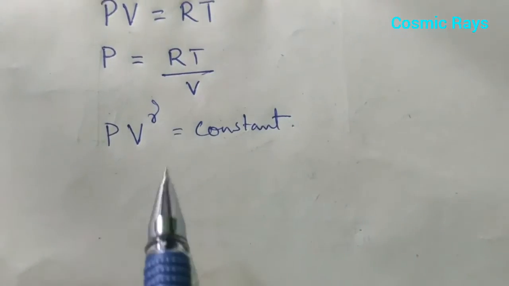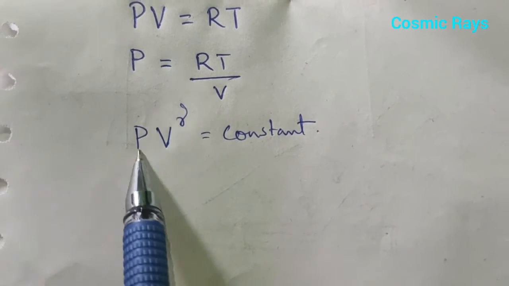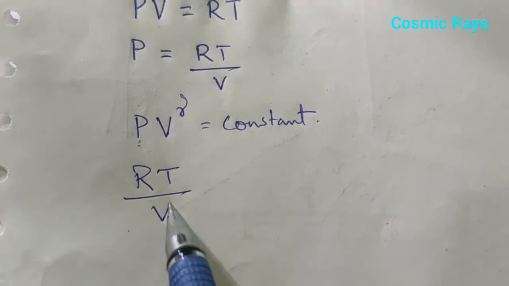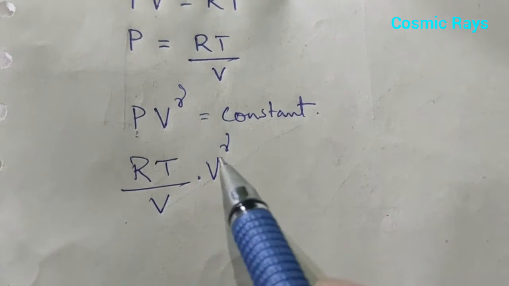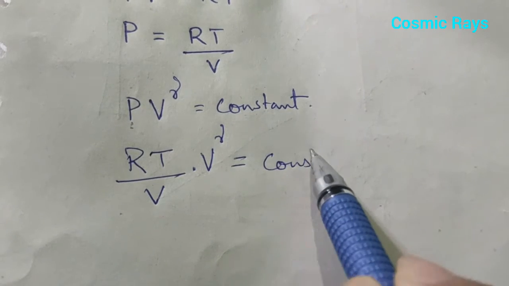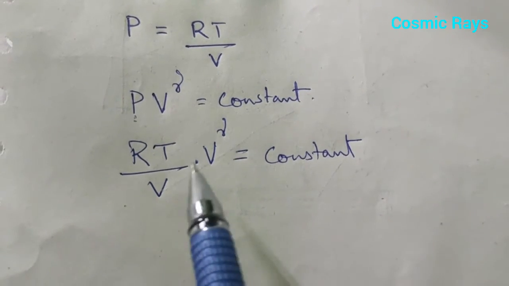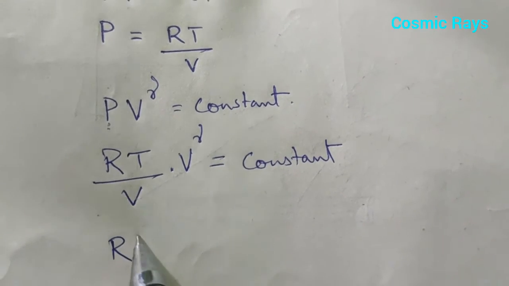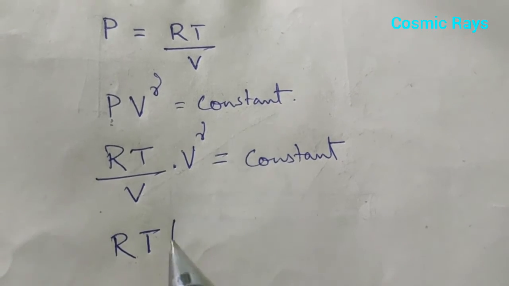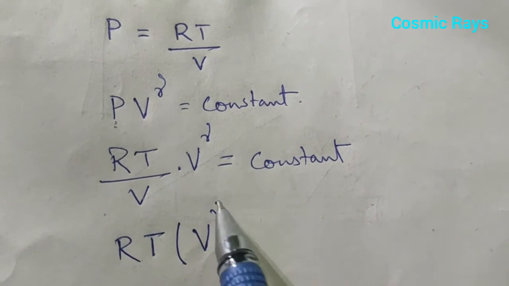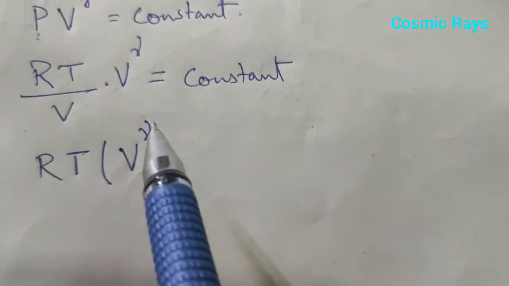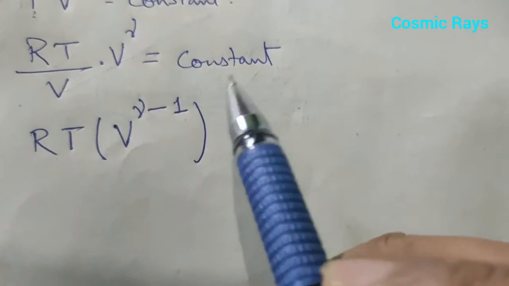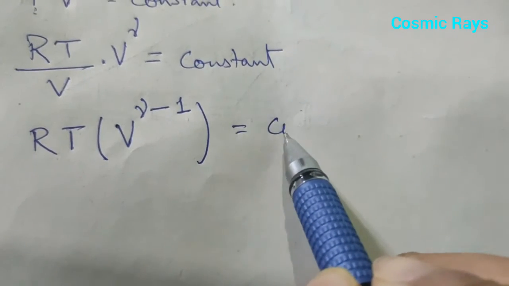Here we substitute the value of P, that is RT by V, and then V to the power gamma equal to a constant. Now this can be written as RT times V to the power gamma minus 1, equal to a constant.